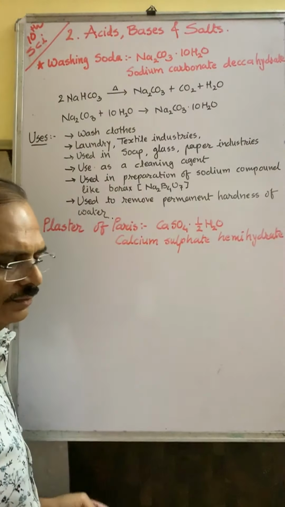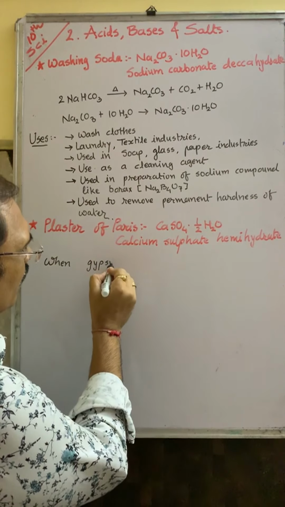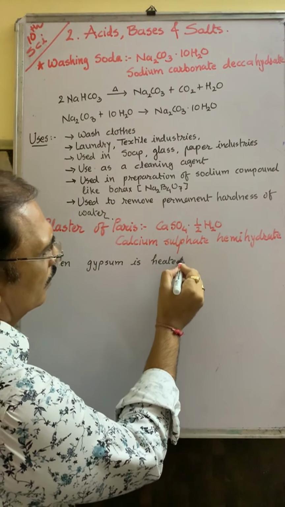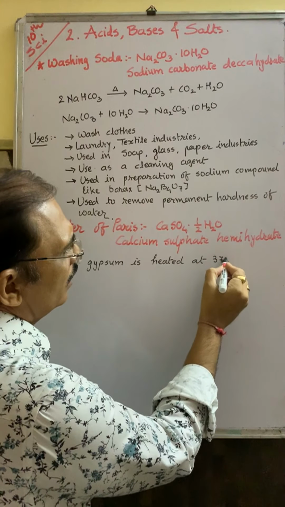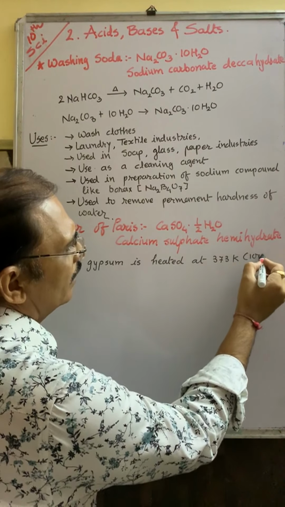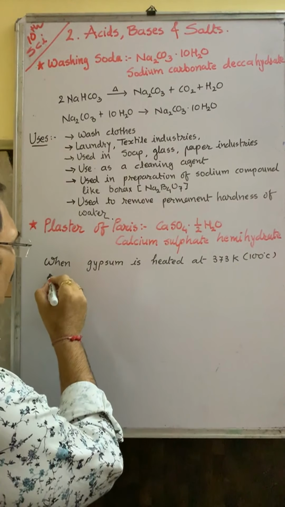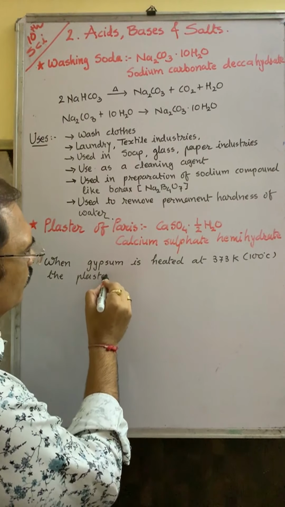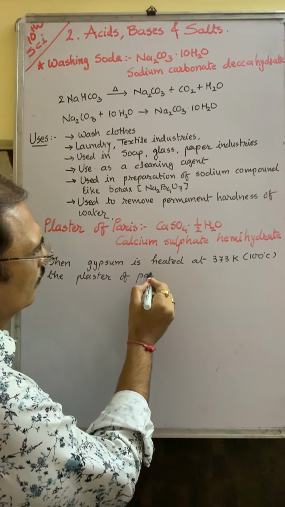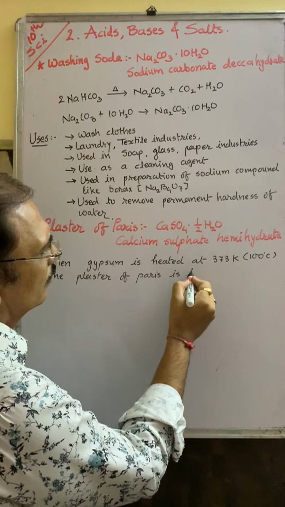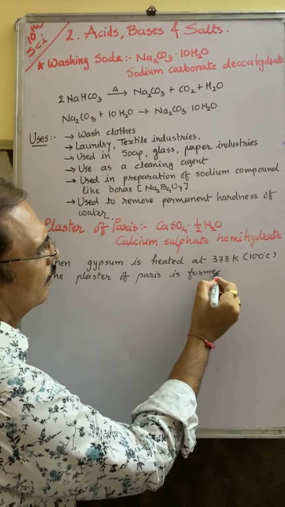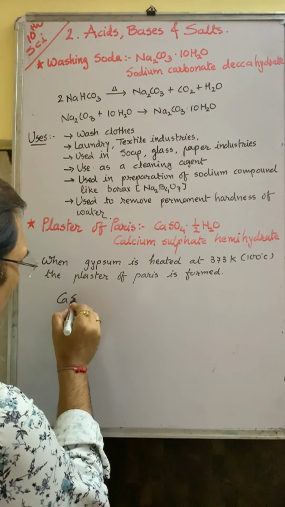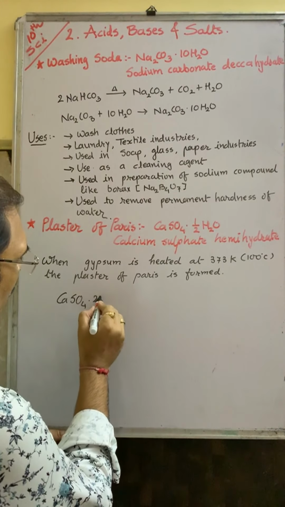when gypsum is heated at 373 Kelvin or 100 degrees Celsius temperature, then plaster of Paris is formed. See, gypsum means CaSO4·2H2O.